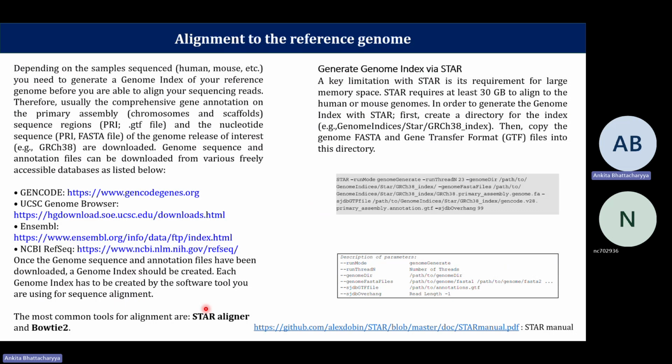You also have other tools like TopHat, HISAT2, etc. These are all different tools which have some preference in one type of technique, but technically speaking, they are all alignment tools. Their principles might be different, or the algorithm they follow might be different. And some standard pipelines use some specific tools. So that is something you should certainly refer to, maybe on GitHub, maybe go through their manuals before you proceed with the analysis.